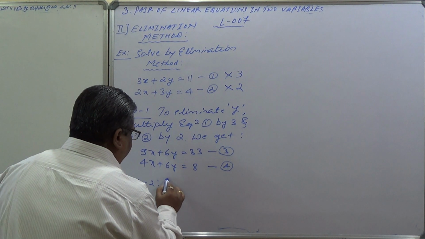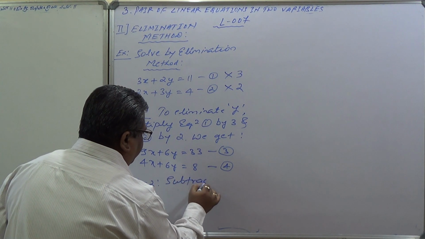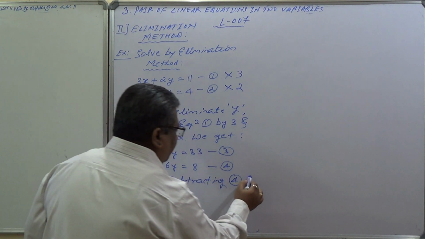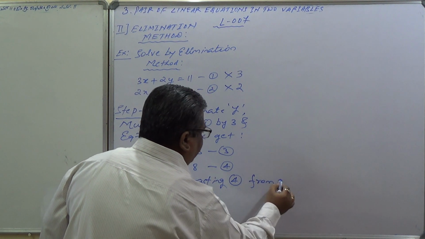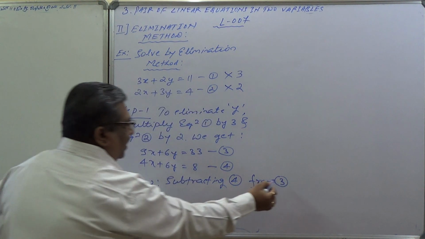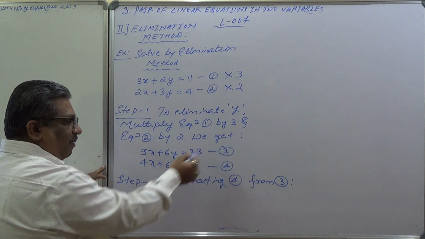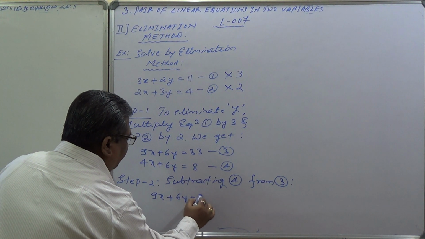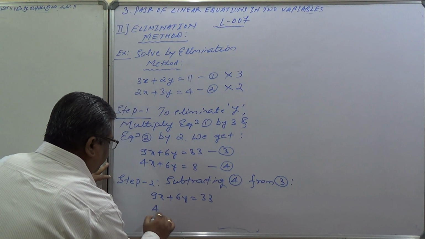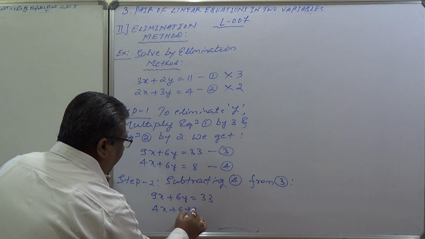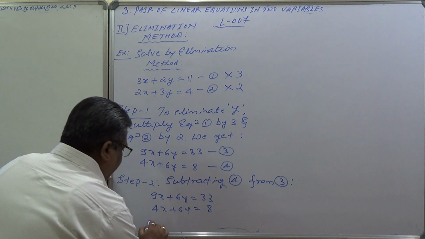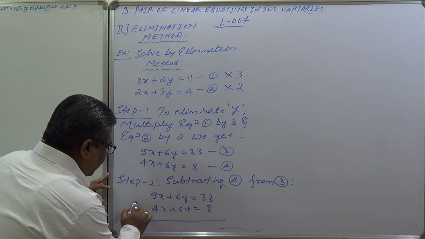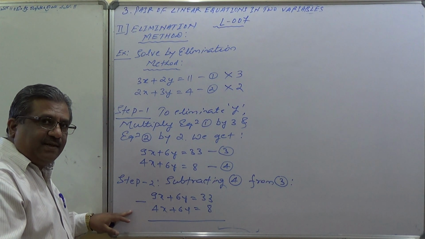So, subtracting equation number 4 from 3, what do we get here? I am rewriting 9x plus 6y equals 33, and 4x plus 6y equals 8. Here I have to put a minus sign because I am subtracting.